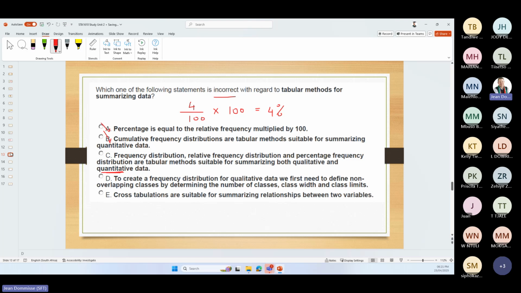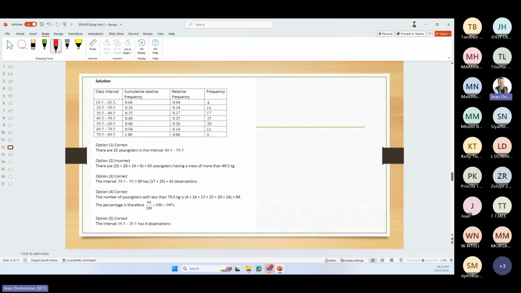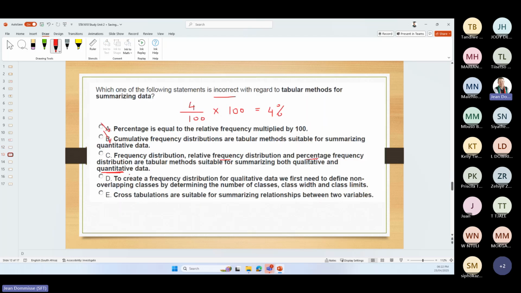Okay, so that's not a problem, but let's just focus on frequency, relative, and percentage. So for quantitative, we have it. If we added a percentage, it would not have been a problem. So quantitative, yes, perfect. Let's just look at a qualitative.